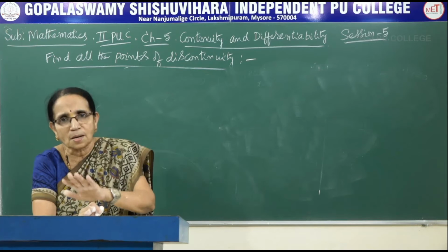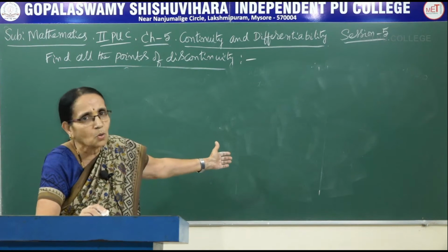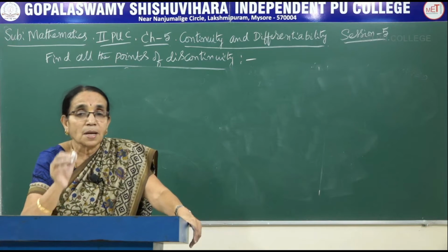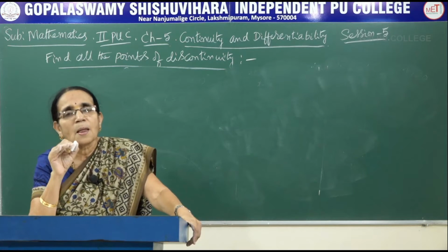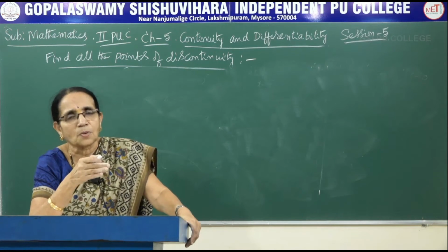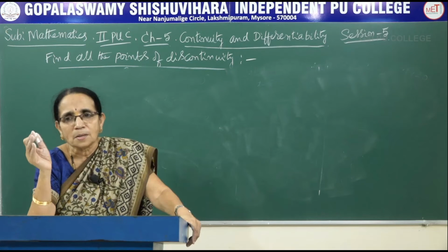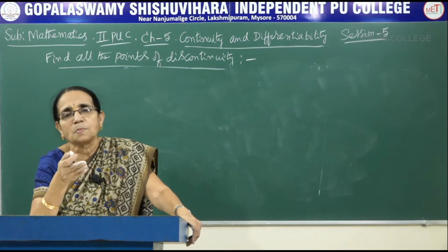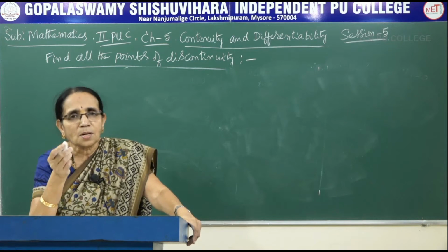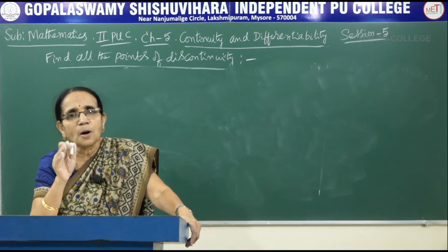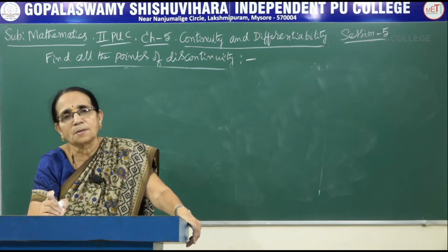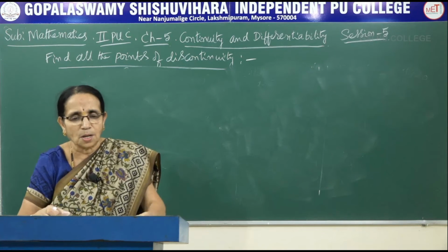For all x greater than 0, the value would be equal to plus 1. So, it is a constant means it is continuous. But exactly at x equal to 0, the left hand limit is minus 1, the right hand limit is plus 1. Therefore, they are not equal, that means the limit does not exist. So, at x equal to 0, it becomes a point of discontinuity. So, we will write the answer right. Therefore, x is equal to 0 is a point of discontinuity.